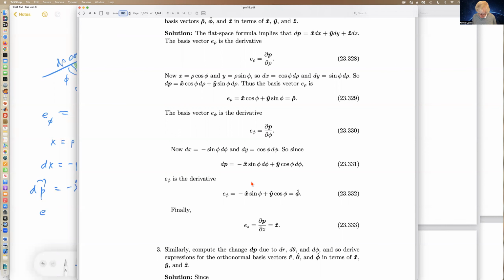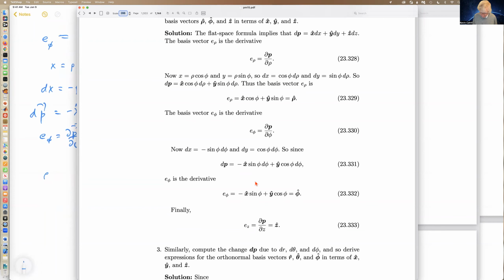So e phi, which is partial p, partial phi, which is phi hat, is equal to minus x hat sine phi plus y hat cosine phi. And then e z is the partial of p with respect to z, and that's just z hat.